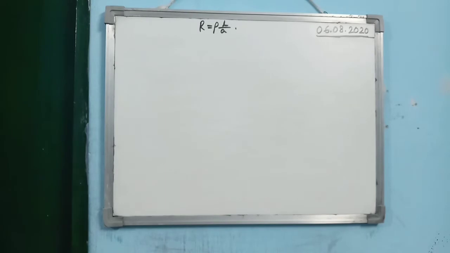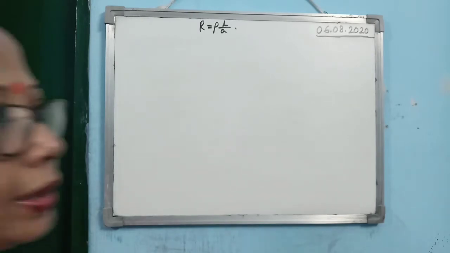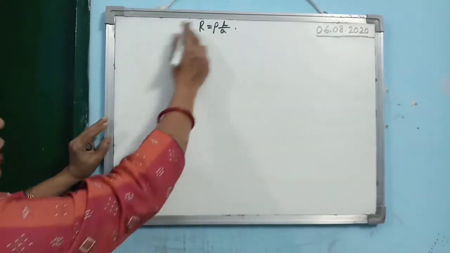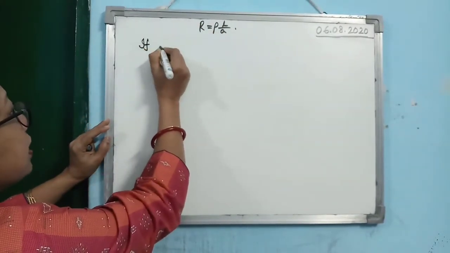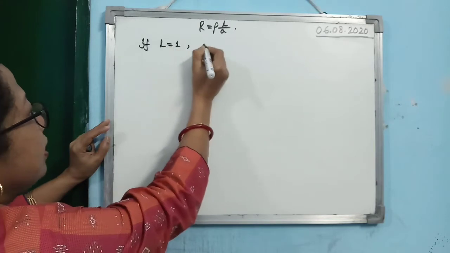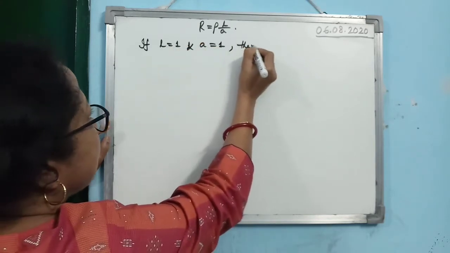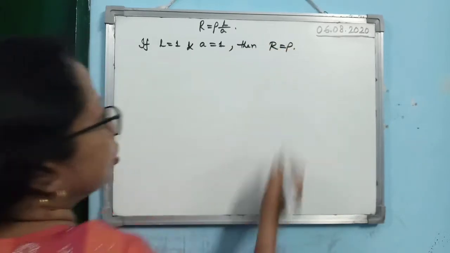Now, how can you define specific resistance of the material? We can define it from this relation. If you consider L is equal to 1 and A is equal to 1, then R is equal to rho.